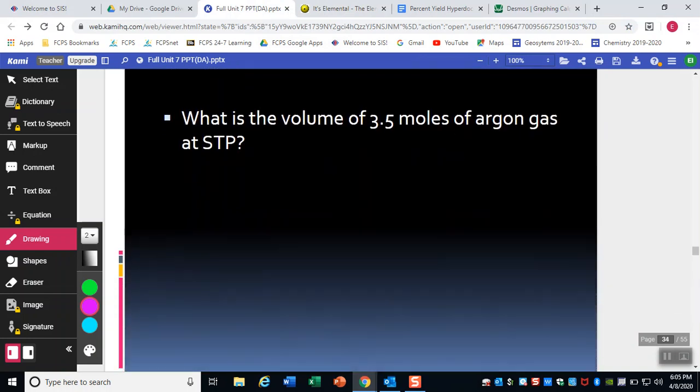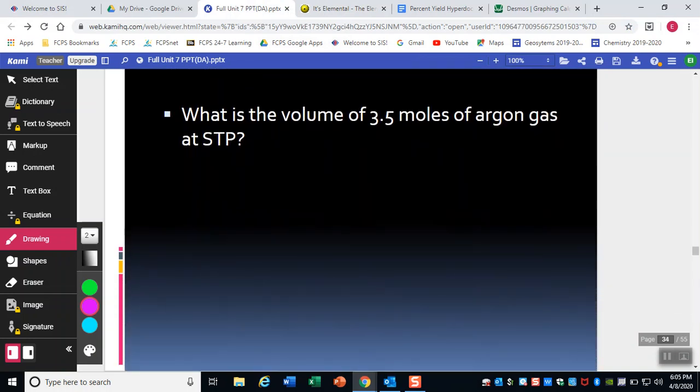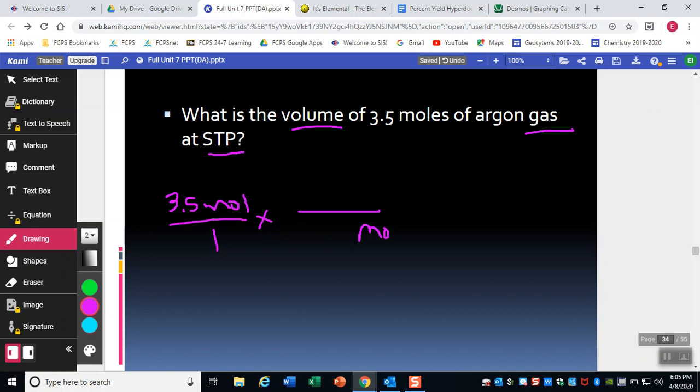All right, so what is the volume of 3.5 moles of argon gas? Again, we've got gas and volume, and this is true at standard temperature and pressure, so I've got 3.5 moles over 1 times, and then I've got moles on the bottom and liters on top.